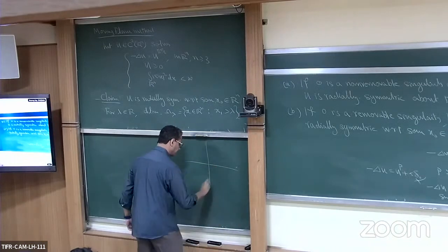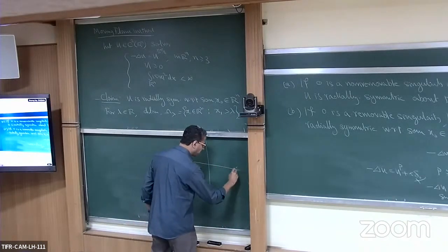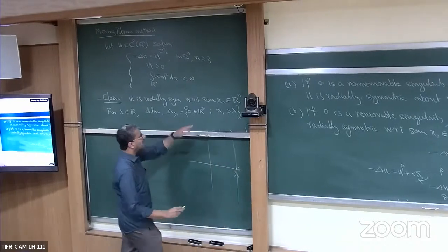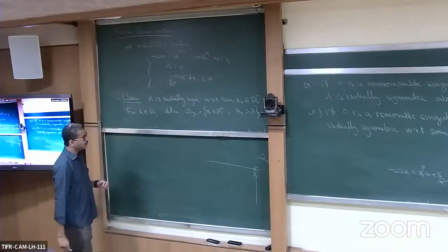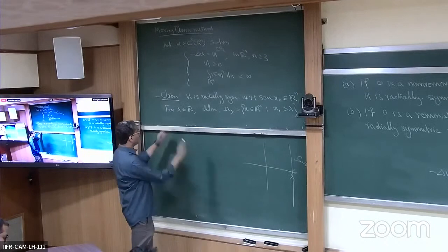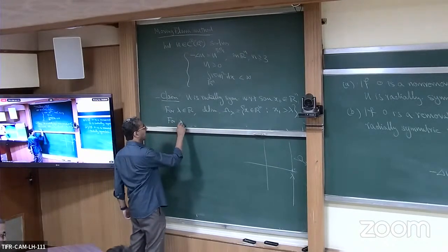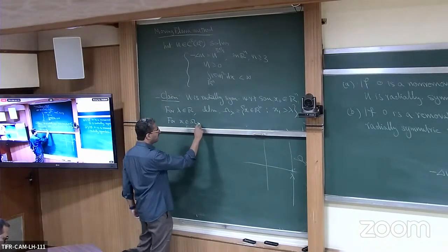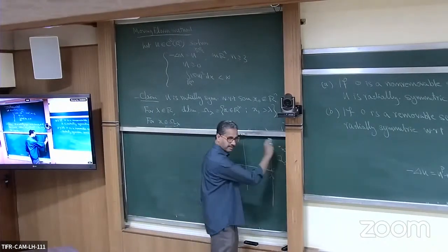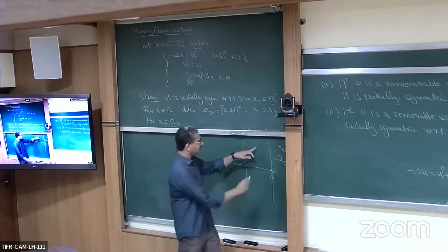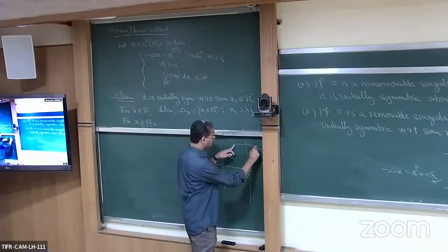So suppose this is my lambda. Then I have a plane here. My omega lambda is, now for x in omega lambda, you can define anywhere. So I take an x here, and I'm going to reflect it with respect to this point.